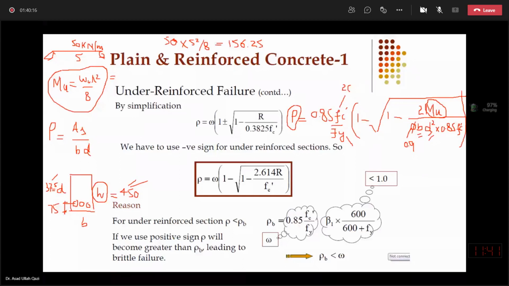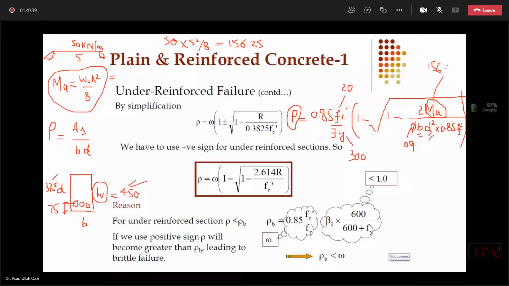And let's find out what is the rho from this equation, which I am using now for design purpose. Don't forget this Mu over here, you will use in Newton millimeter. So you got 156.25.